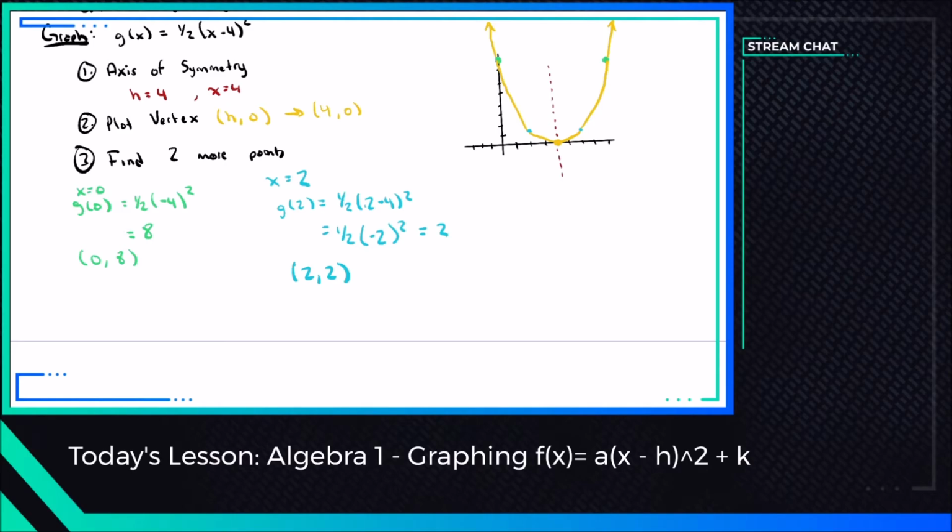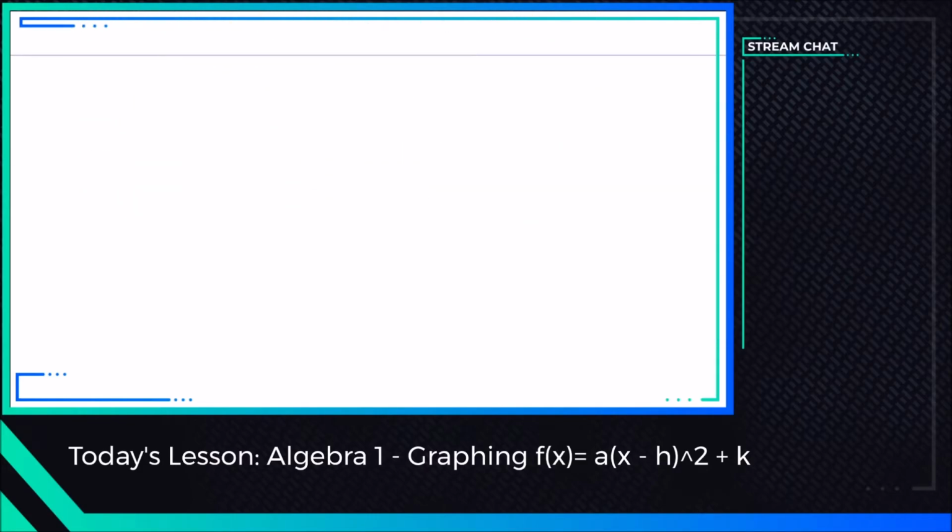And that's how you graph using this non-standard form, I would say, because most of the time when you see a parabola, it's ax squared plus bx plus c. But remember, the goal of today's lesson wasn't to just graph a(x minus h) squared. We want to go ahead and graph a(x minus h) squared plus k. And this is called the vertex form.